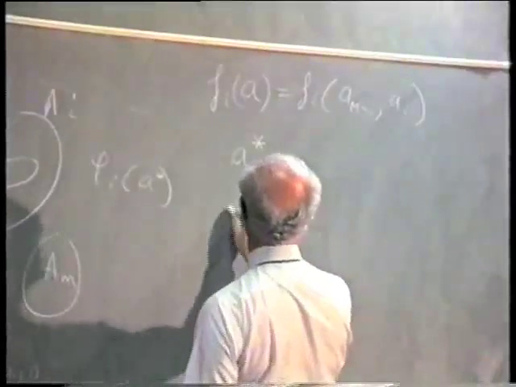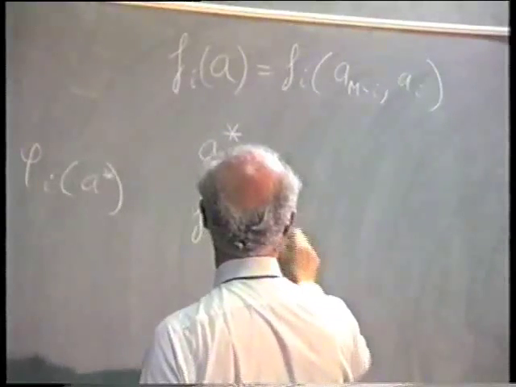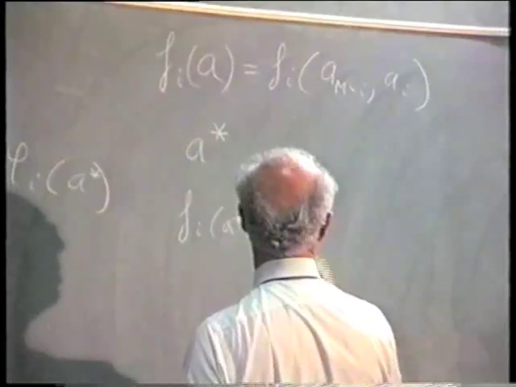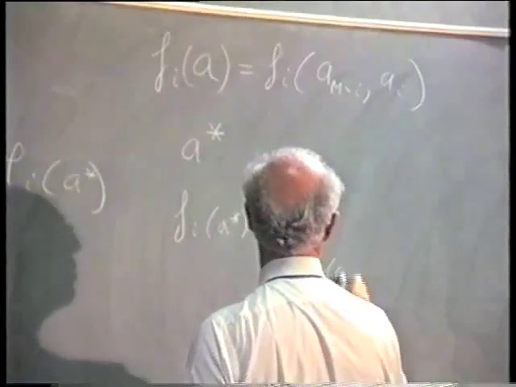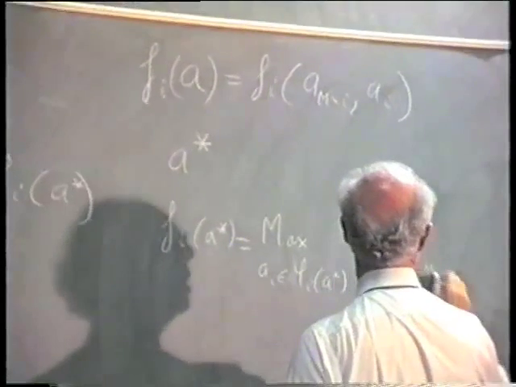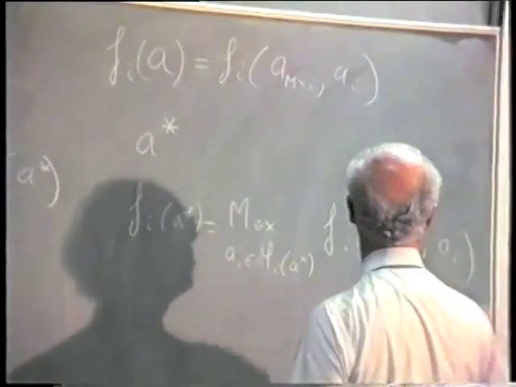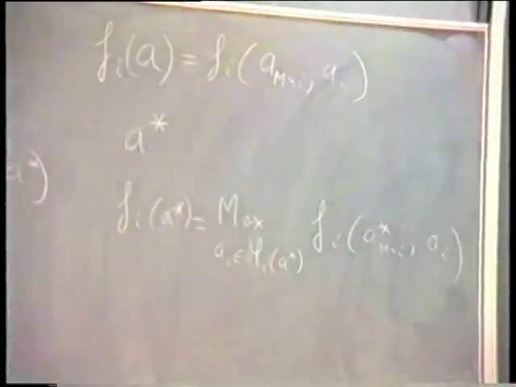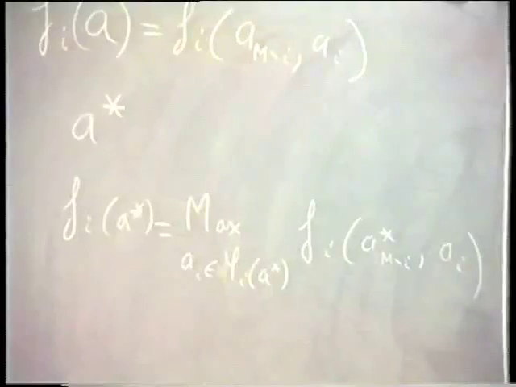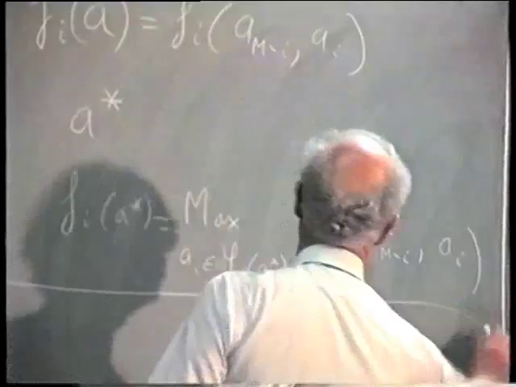So it should be the case that Fi of A star is the maximum when AI belongs to phi I of A star of Fi of A M minus I star and AI. That is the equilibrium condition. Now, what are the assumptions that you make on the various objects here in order to obtain existence?